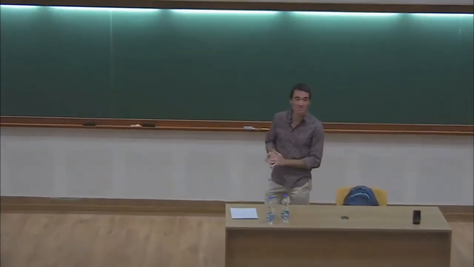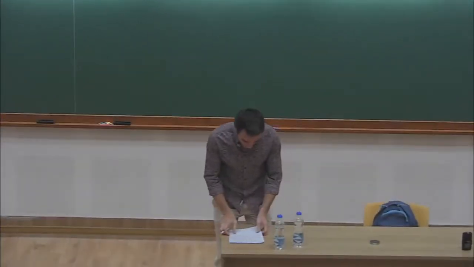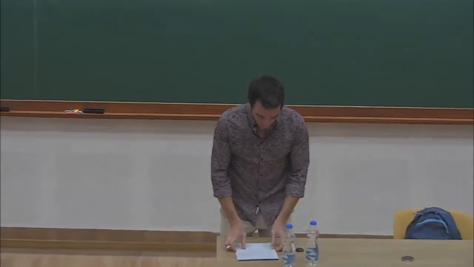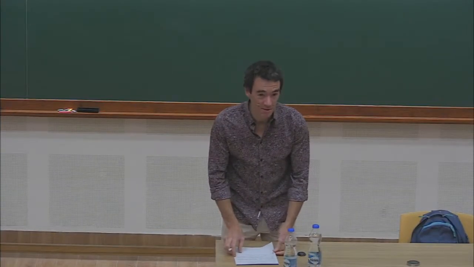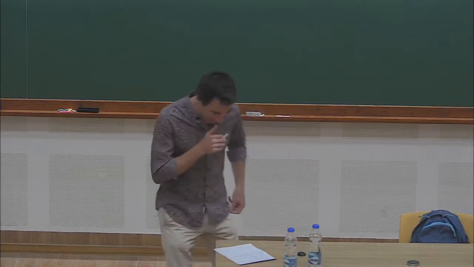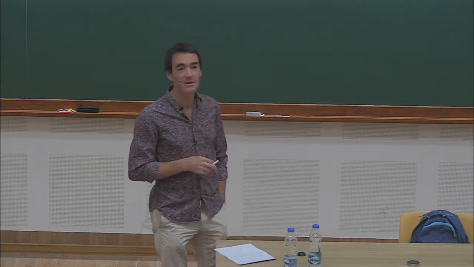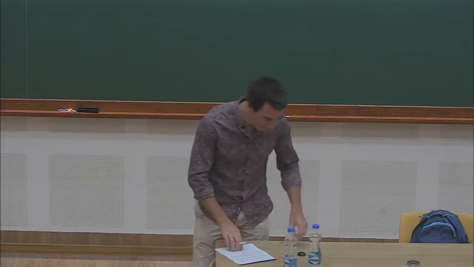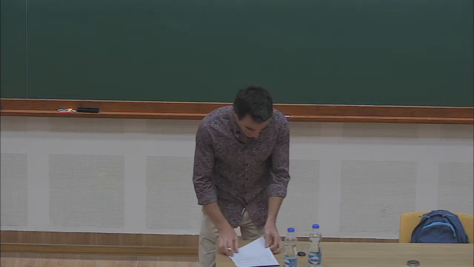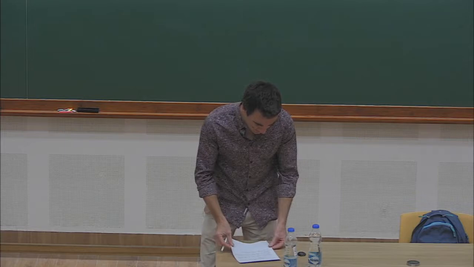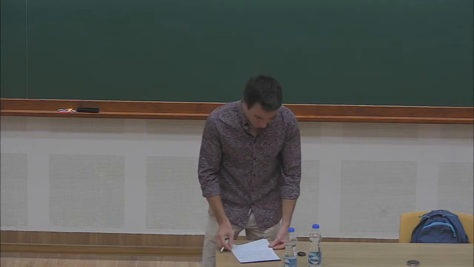Good morning, everybody. So this is the fourth and last lecture about mod L representation. Yesterday, at the end of the third talk, I started explaining what the local Jacquet-Langlands correspondence is.